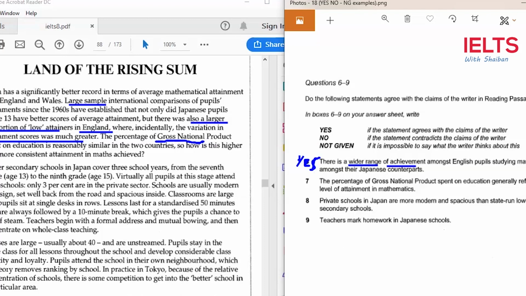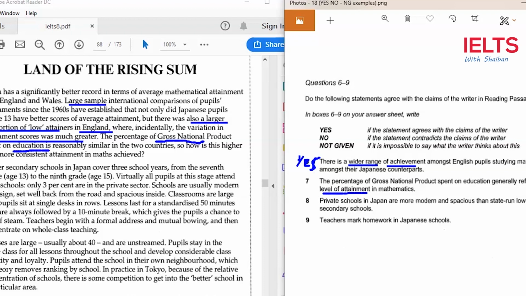So we say the percentage of gross national product spent on education reflects the level of attainment. It's not about the level of attainment, it's about spent on the education here. It's not about the attainment in mathematics, but it is about education in general.